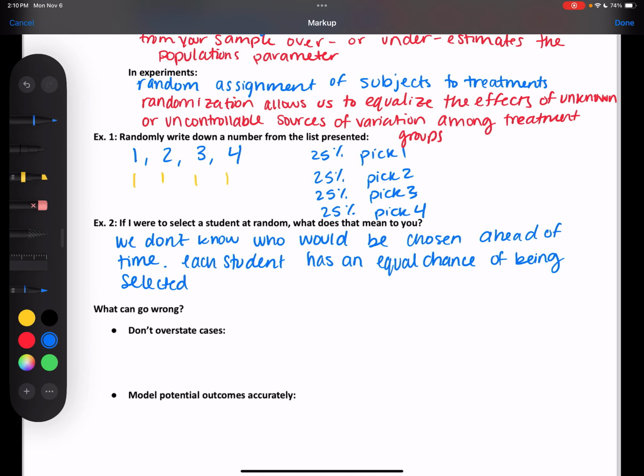Alright, so what can go wrong? We don't want to overstate cases. Basically, simulations show what might happen, not what will happen.